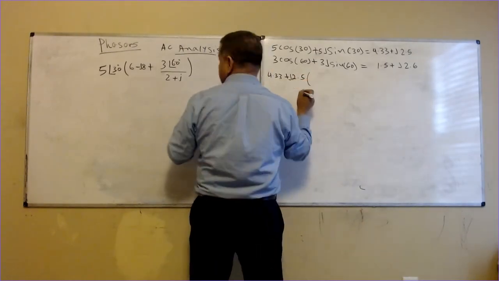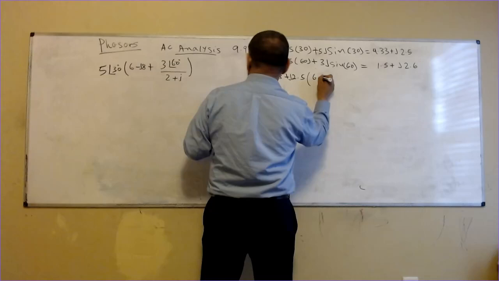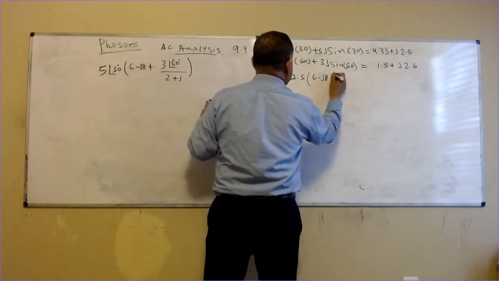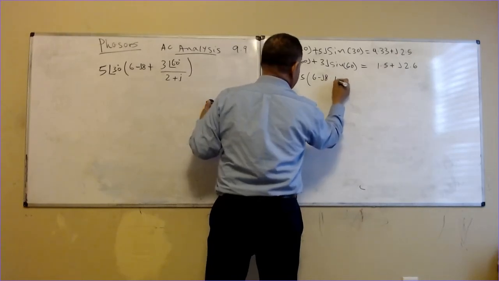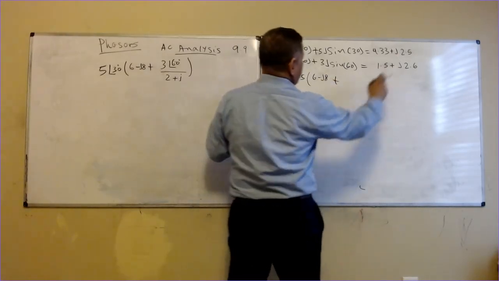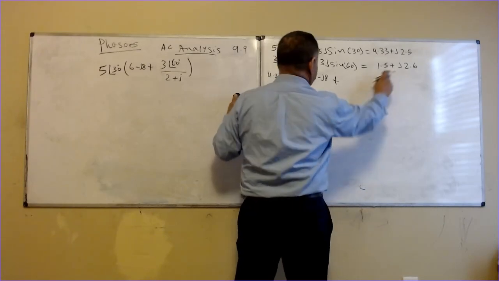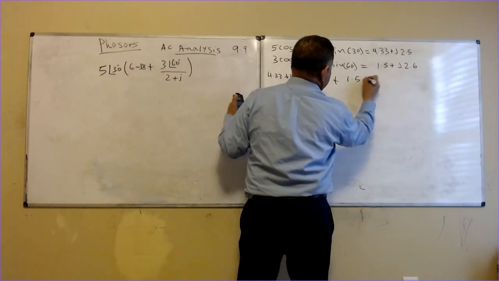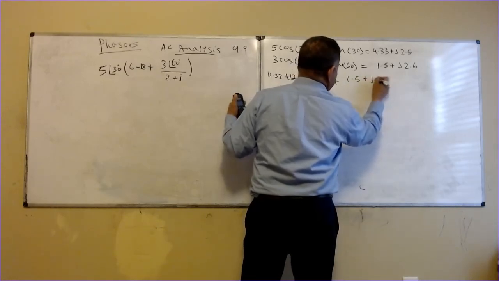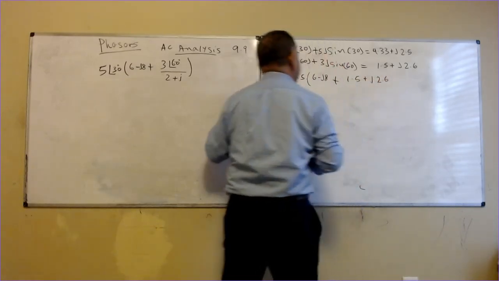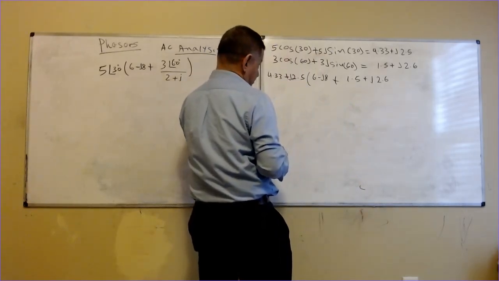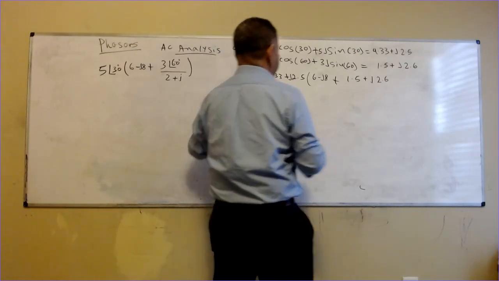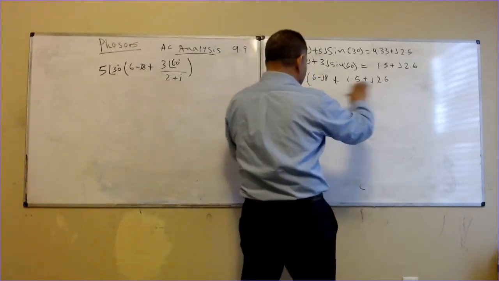And over here, I gotta have 6 minus 8j, and I have to add a plus sign, and I want to go ahead and add whatever was on the top of this guy right here, which is going to be 1.5 plus j2.6, right?